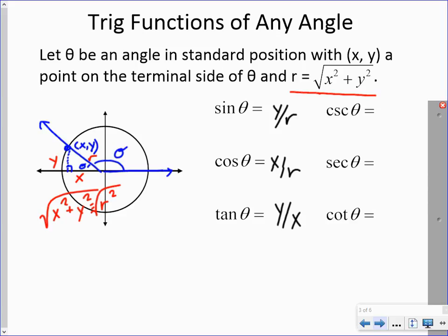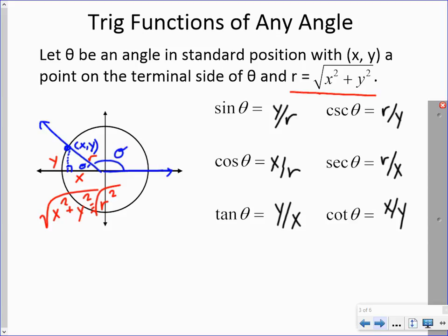Then you could also write out cosecant by just writing the reciprocals. Notice that if your angle was in the second quadrant, like mine is drawn, I know my x has to be negative there, and my y would be positive.